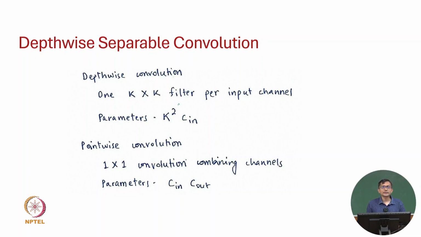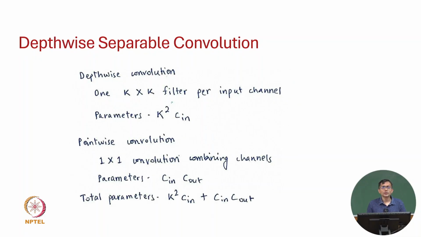And this will lead us to C in into C out parameters. Now we have to add these two together, and we get total parameters k square C in plus C in C out. It may not still be clear whether you are indeed benefiting, right? So let us try to see this through some numbers.